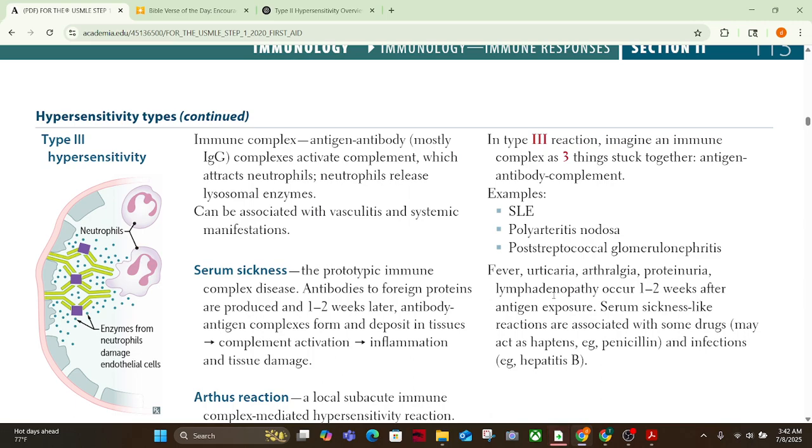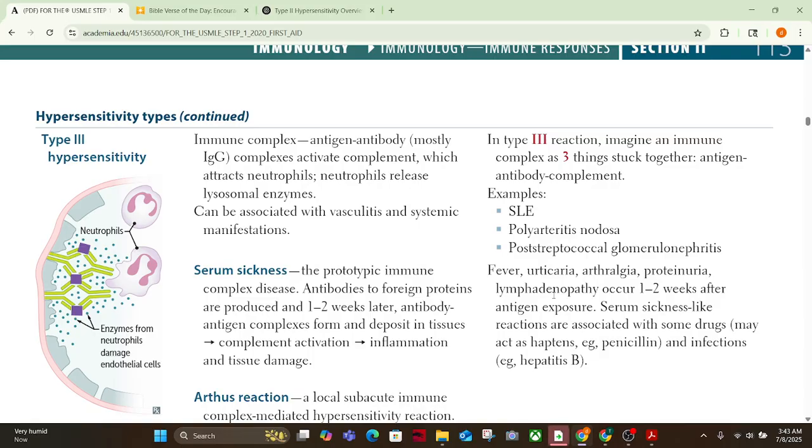And this will give you inflammation in that part of the body. And so, how does it give you inflammation? The Fc receptor of the antibody will activate C1 complement, and C1 complement will activate the whole complement cascade, and this will call neutrophils in by using C5a.